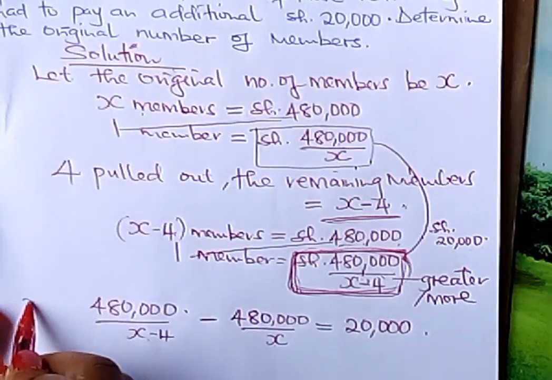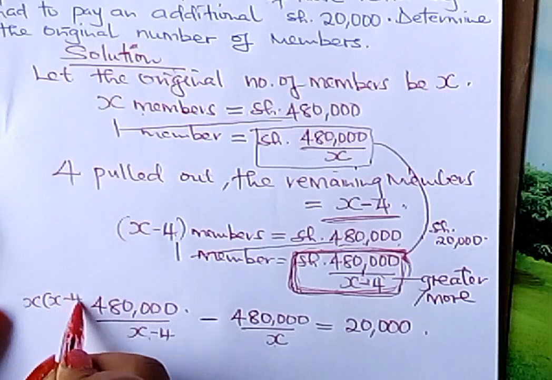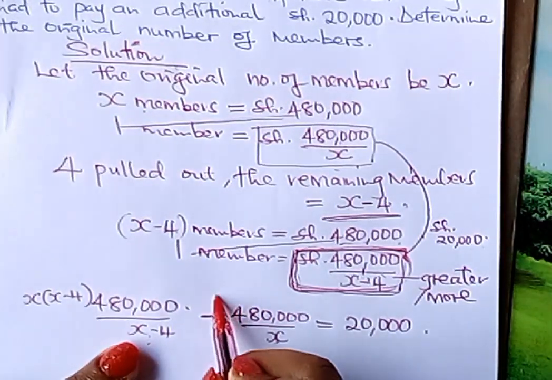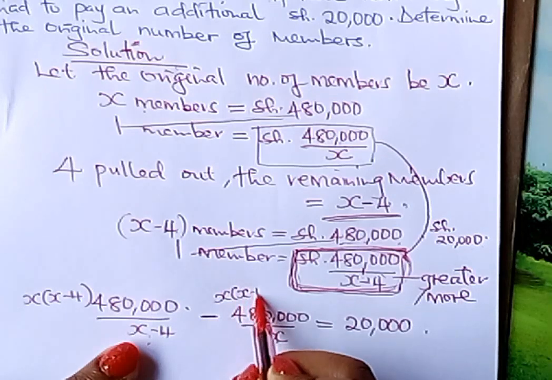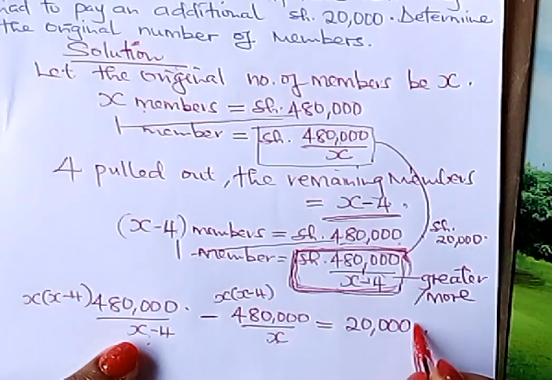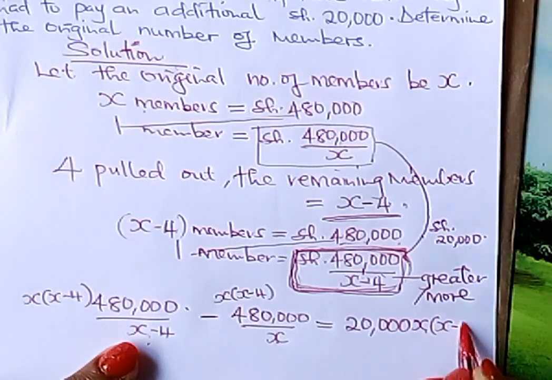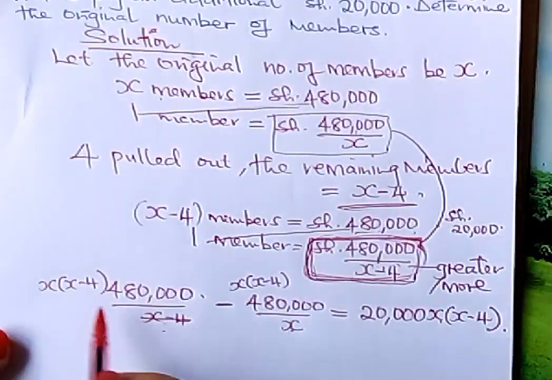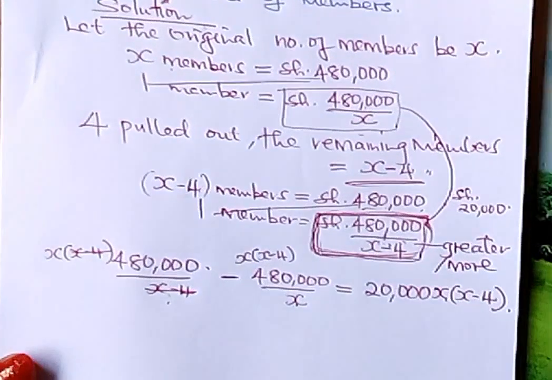The LCM will be x minus 4, we multiply with it there. On this other side, multiply with the LCM as well. This and this will cancel out.